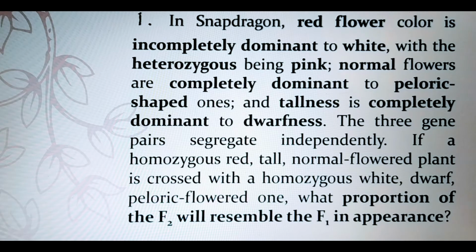So, if a homozygous red, tall, and normal flowered plant is crossed with a homozygous white, dwarf, pyloric flowered plant, then what proportion of F2 will resemble the F1 in appearance?